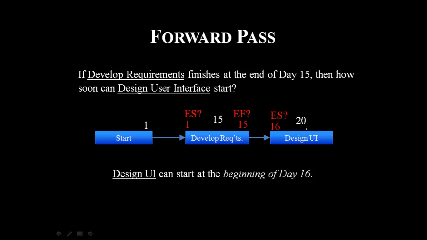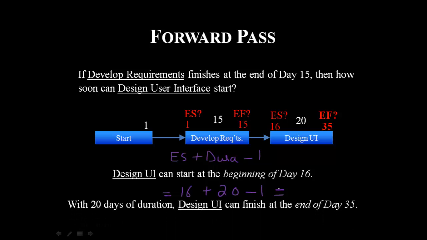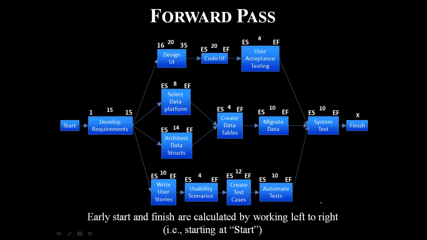Again, to calculate the early finish of the design UI task, it is early start plus duration minus 1. Early start is 16 and duration is 20, so 20 plus 16 minus 1 is 35. It would finish at the end of day 35.